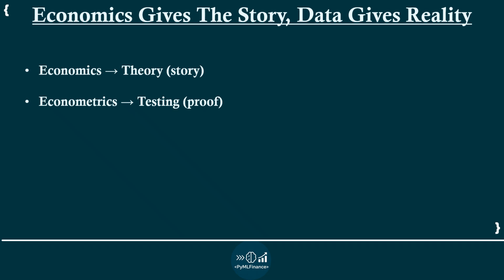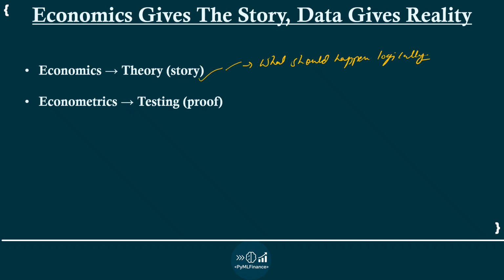All right, so let me explain this difference in a very practical way. Economics is like a story or a framework. It tells you what should happen logically. But the real world doesn't always behave perfectly.